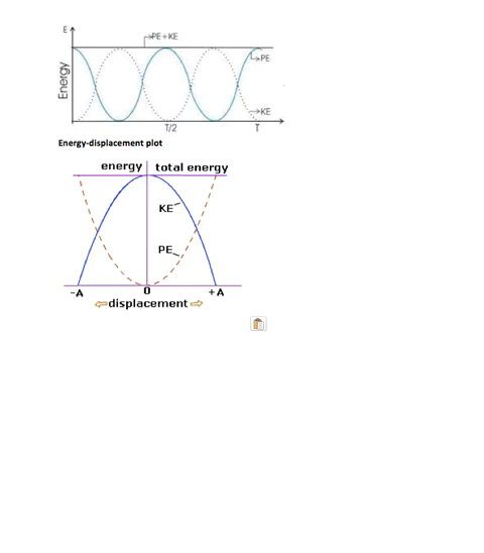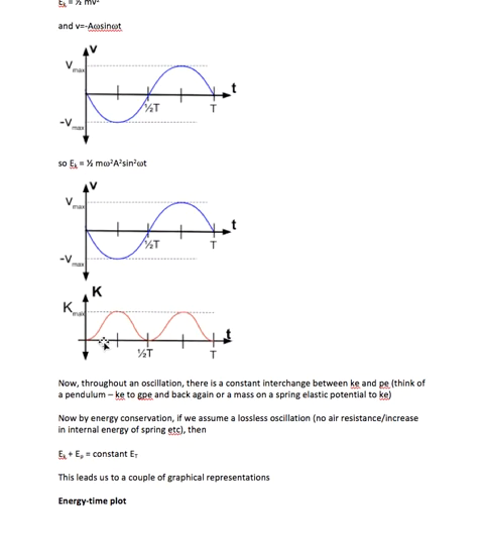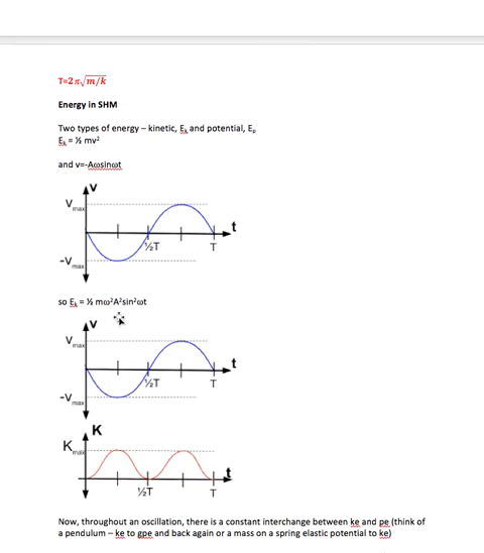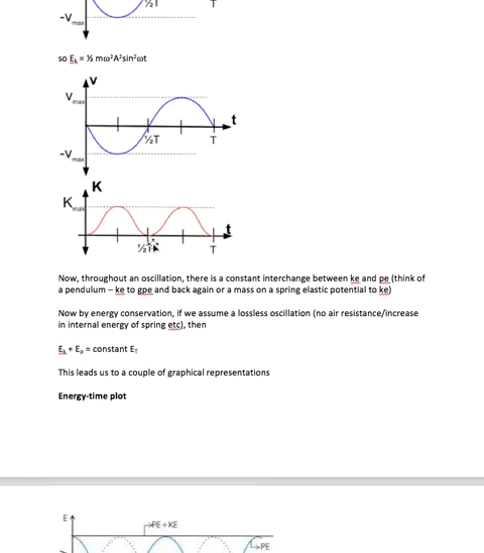So if we develop our argument then in terms of total energy, the maximum kinetic energy is going to be a half m omega squared a squared. If you look up here, then sine squared has a maximum of 1, and so the kinetic energy will be half m omega squared a squared.